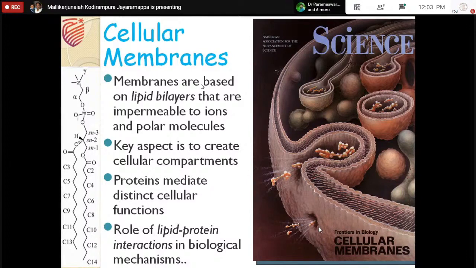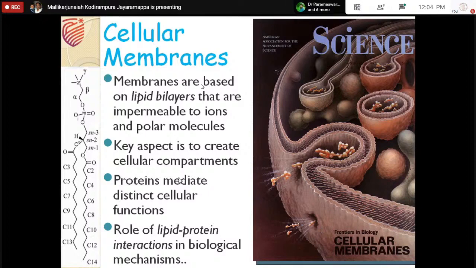Therefore, if my major aim is to understand how a protein works, obviously, since it is embedded within this membrane fabric, I need to understand how this fabric is affected as a function of other parameters, and how these membrane properties are correlated with the protein properties. The combination is always essential for us to come to a logical conclusion.